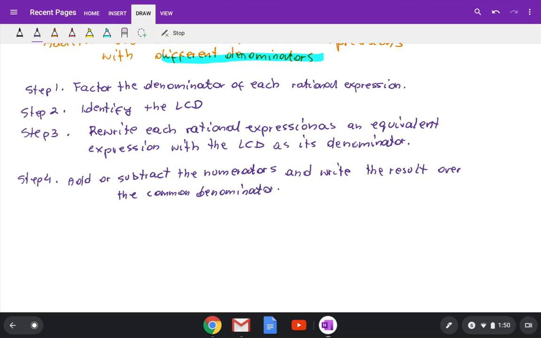Step 5. Step 5 is simplify. And by simplify, when you will do all those steps, you want to see if you can factor numerator and denominator if possible.